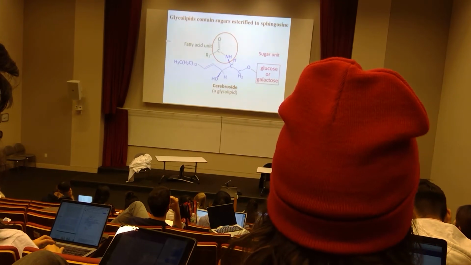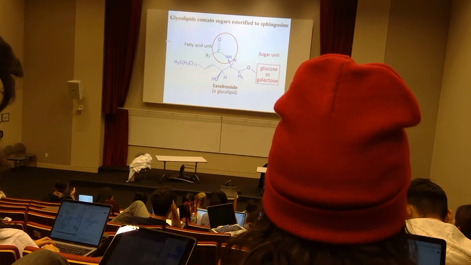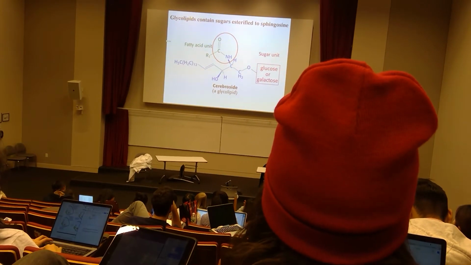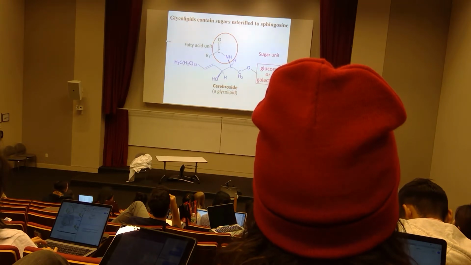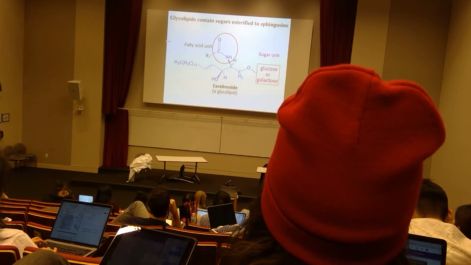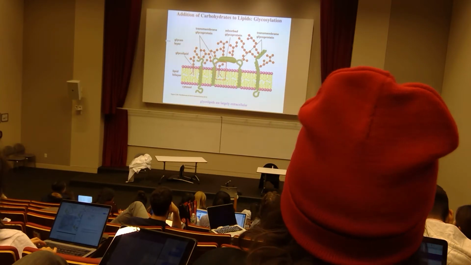Also, you'll see that the types of saccharides that are used to form glycolipids very often, like is shown here in this cerebroside, these saccharide groups are predominantly exposed on the extracellular portion of the cell membrane.